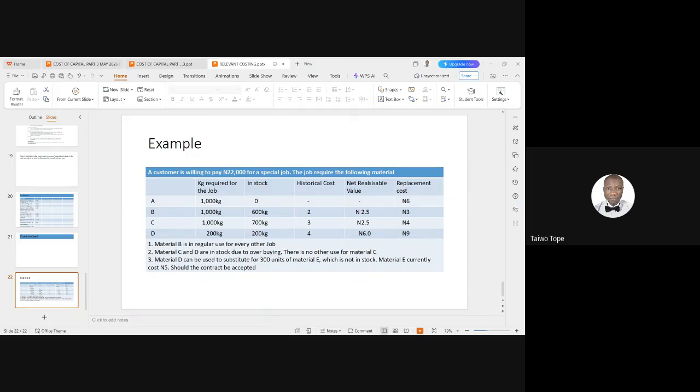Yes. So if we decide not to use it, we can dispose of it at what value? 6 naira. Yes, we can dispose of 200 kg at 6 naira, the net realizable value.